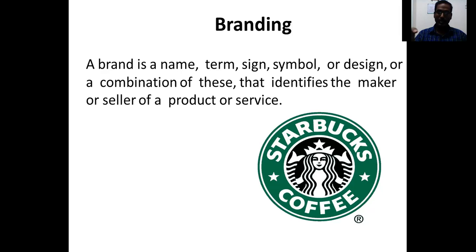From this logo, we can get the name of the brand, the sign and symbol of the brand, we can understand the design, and we understand what kind of product or service it is offering. So that's the definition. Anything which defines, gives a symbol, and informs a customer what brand it is or what product or service it is, that is called a brand.